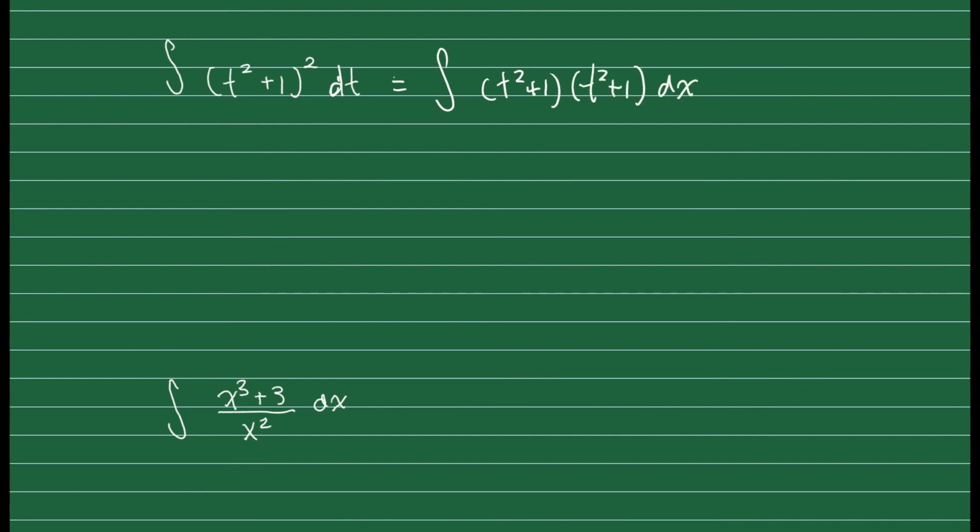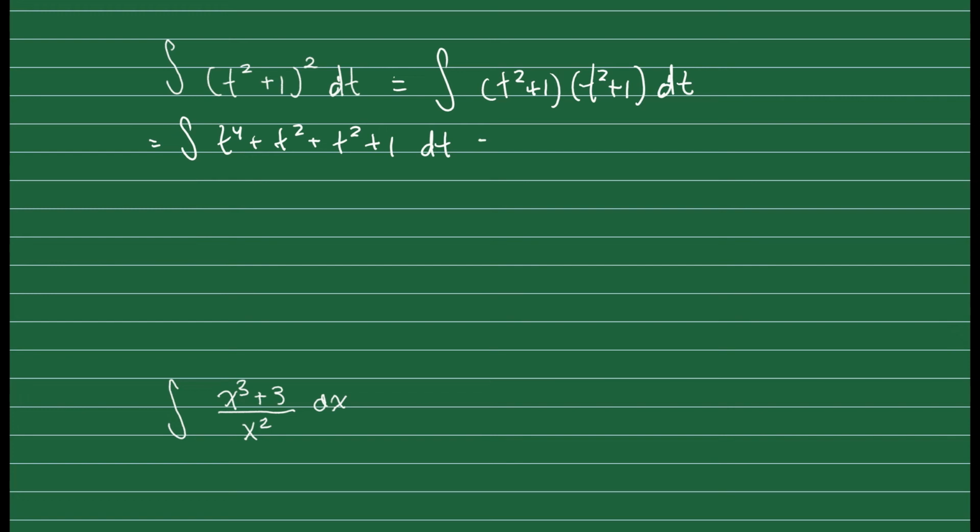We go ahead and this is equal to the integral of t to the 4 plus t squared plus t squared plus 1 with respect to t. Big mistake right here. Remember, we can integrate with respect to any variable, just like we can take the derivative with respect to any variable. In this case we're taking the integral with respect to t.